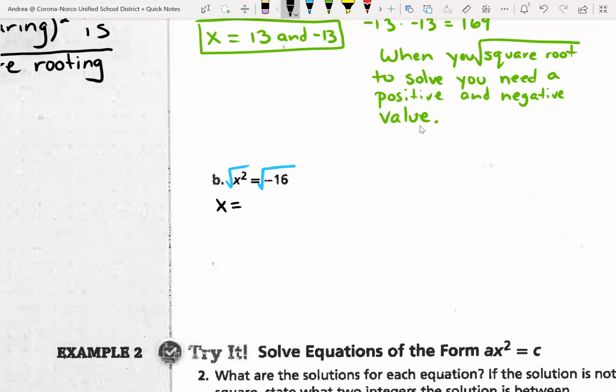What is the square root of negative 16? Is 4 times 4 negative 16? No. 4 times 4 does not equal negative 16. Negative 4 times negative 4 does not equal negative 16.